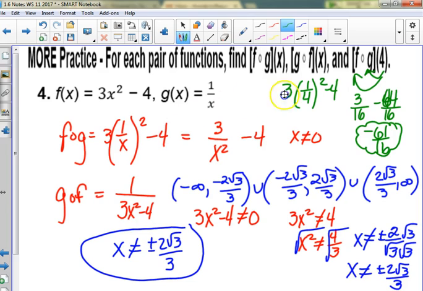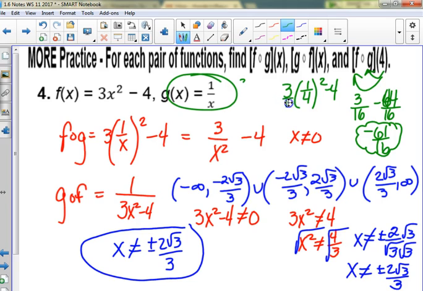Okay, I'm putting the 4 in here and then in here, but you could have also put it in here. Are you lost? Okay. I did it by putting the 4 into here first, so it became 1/4. And then I put that answer in here, so 3 times 1/4 squared minus 4. 1/4 squared, square the top and the bottom, so you get 1/16.